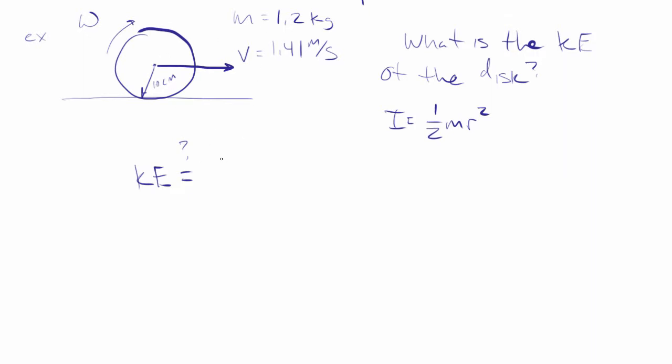Sorry, it's a little small. Leah, did you say something? 1/2 I omega squared. Omega is the angular velocity. Is this right? Does everybody agree with that? Yeah? I only see a couple of people nodding. Why don't you other people agree?